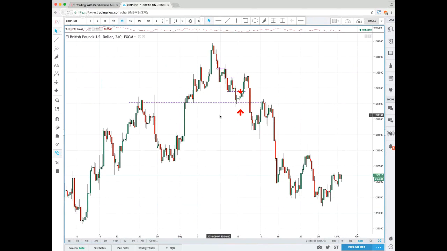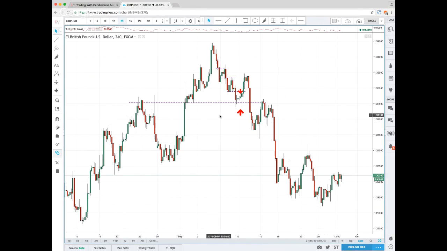Okay, so it goes to tell you who gets priority in terms of support equals resistance. Well, it depends on what time frame you're looking at. The higher the time frame, the higher the priority. Remember the higher time frame has a lot of big boys, a lot more money, a lot of investors who don't trade for a living, they invest for a living.